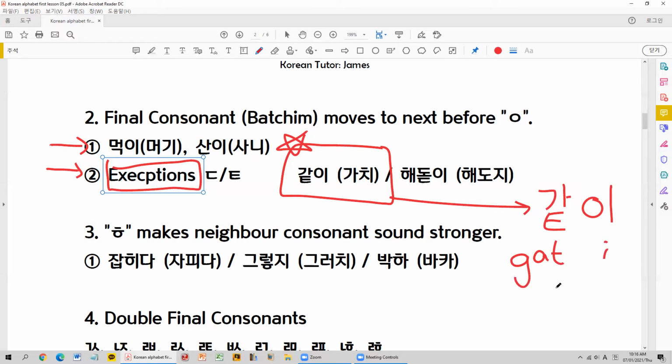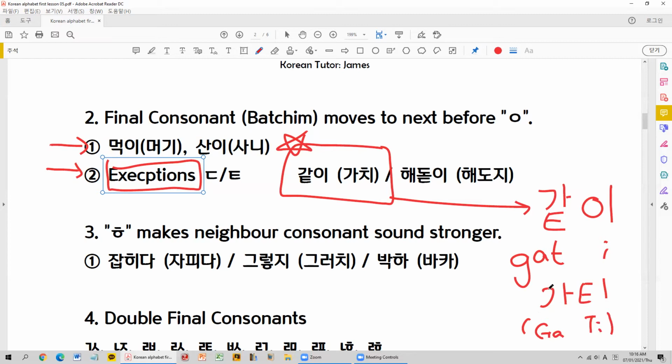So we replace the circle with the previous final consonant, so it changes to T. Still, it's very hard to pronounce.